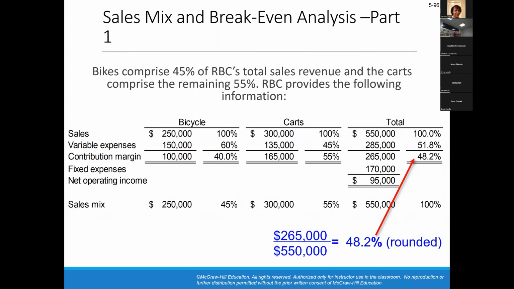That's your number on top, contribution margin, divided by the sales, which is 550. That gives us our average contribution margin ratio, 48.2%. Then they're showing our sales mix down here. We have 250,000 coming from sales of bicycles, and then 300 in sales coming from carts. So it's a 45%, 55% split on how we get those sales numbers. Total sales will be 550.